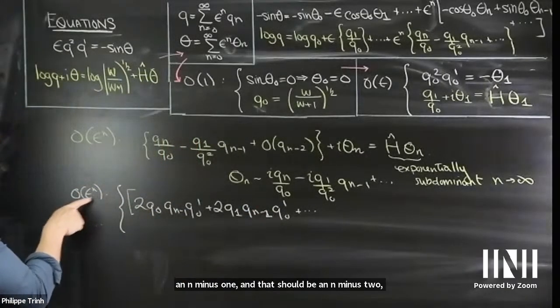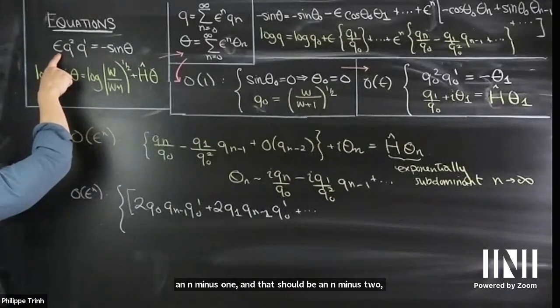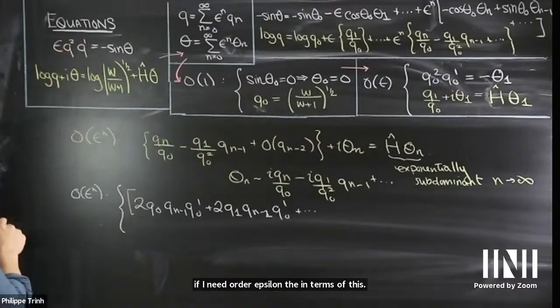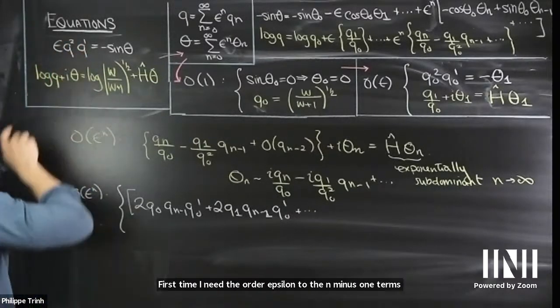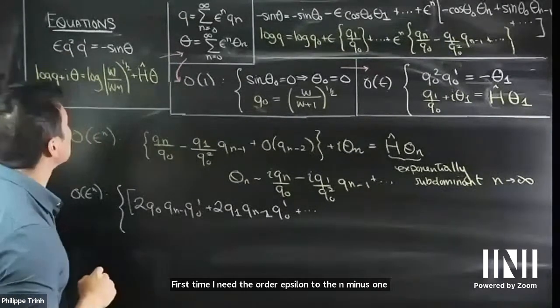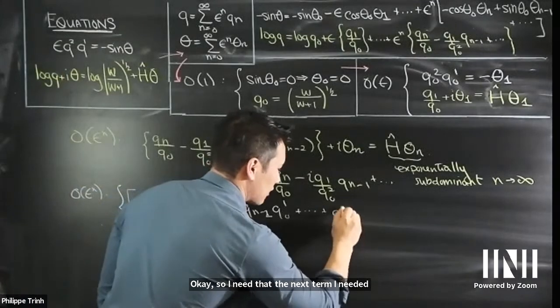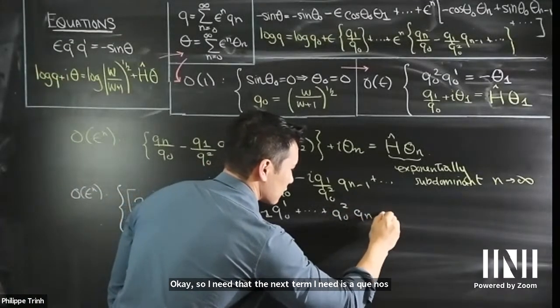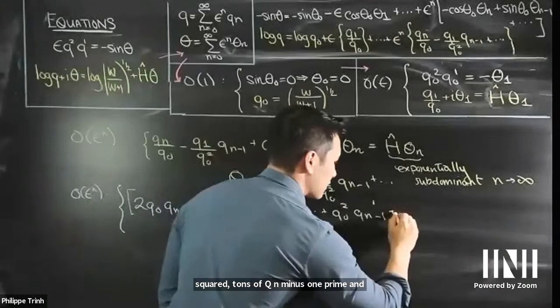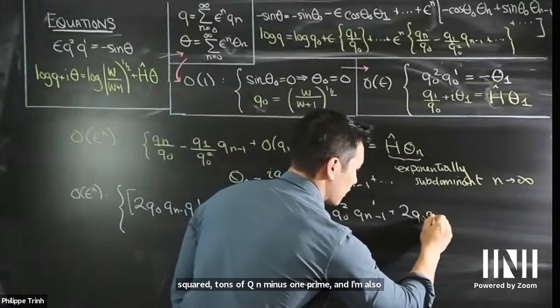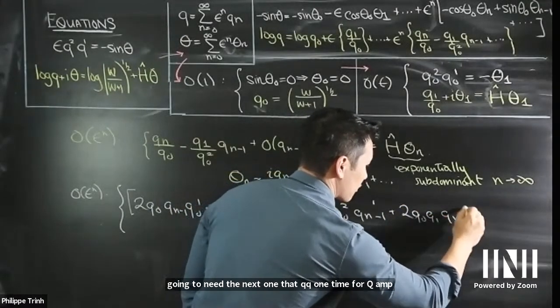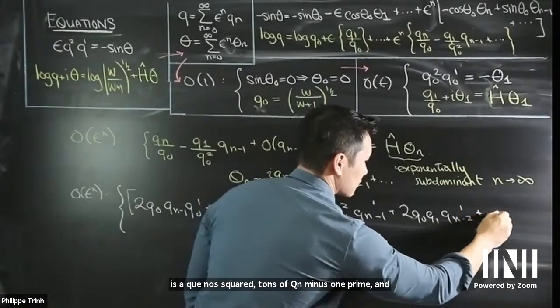because if I need order epsilon to the n terms of this first term, I need the order epsilon to the n minus 1 terms from the quadratic q squared q prime. Okay, so the next term I need is a q naught squared times a q n minus 1 prime. And I'm also going to need the next one, that q naught q1 times a q n minus 2 prime, plus dot dot dot.